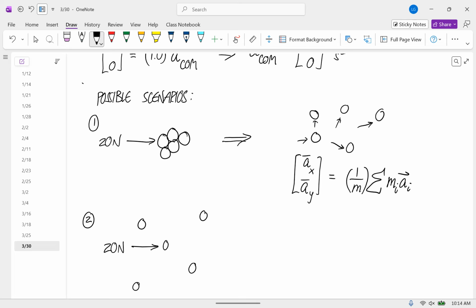Well, then it makes perfect sense that the acceleration of the center of mass is going to be 20 meters per second squared, because this one's going to have an acceleration of 5 times that much, and then you're going to divide it by 5 to get the total. But even if they're in contact, you're going to get that same answer.